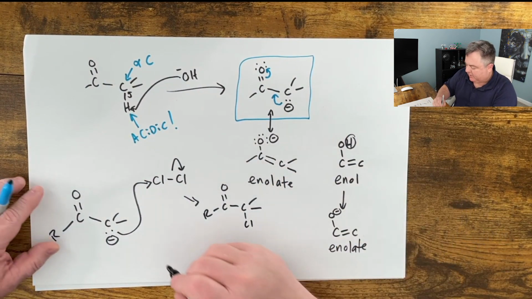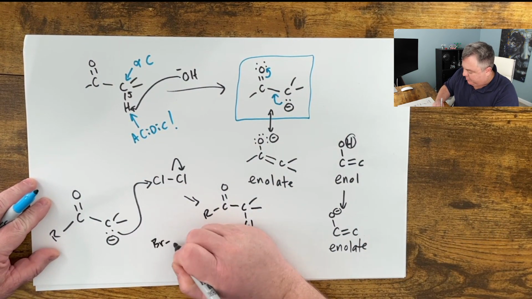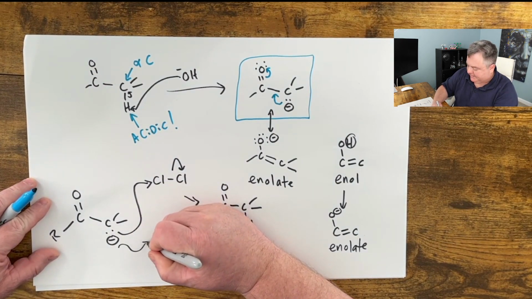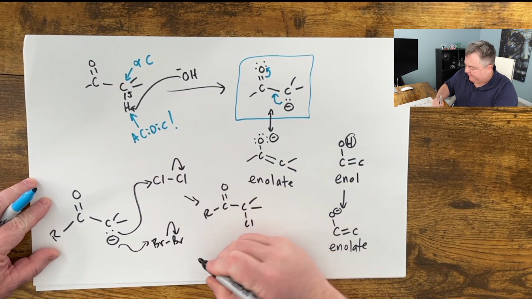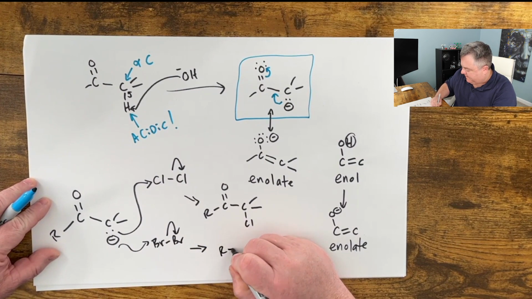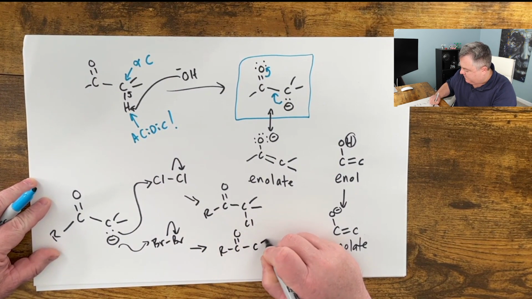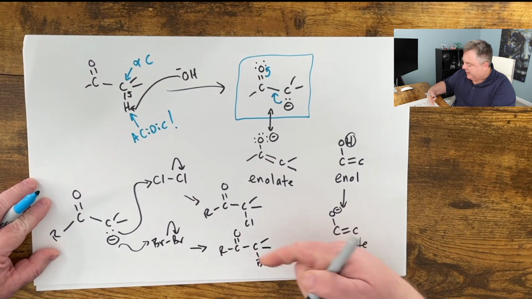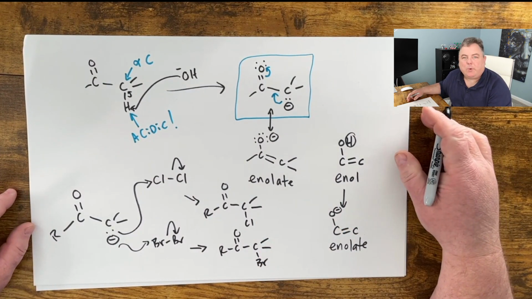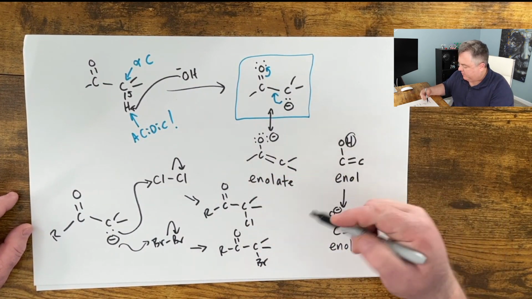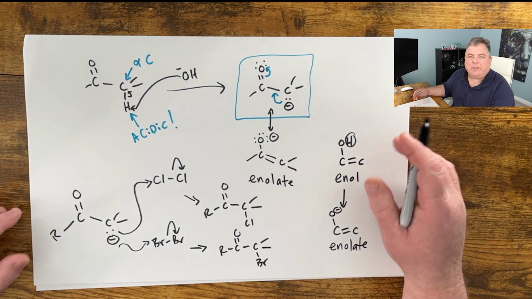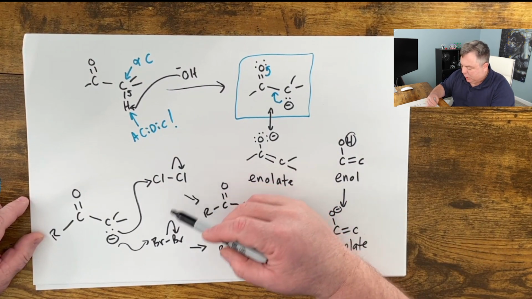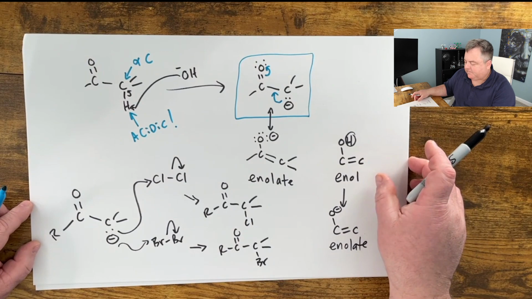Or it could react with bromine, and it could backside attack. That's a good leaving group. So you can halogenate the carbon right next door to the carbonyl, the alpha carbon, with a simple reaction of chlorine or bromine.